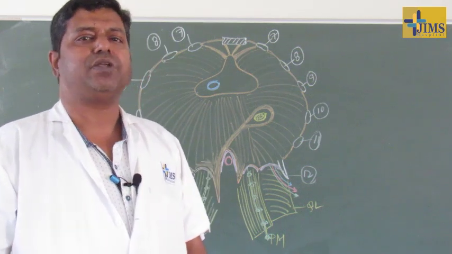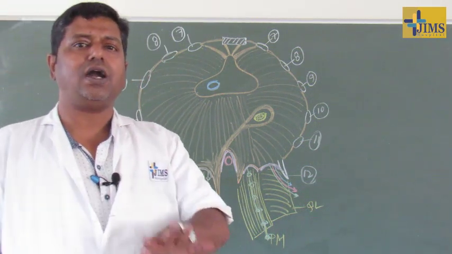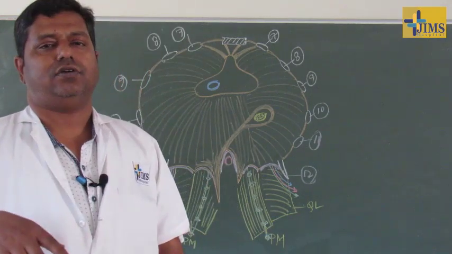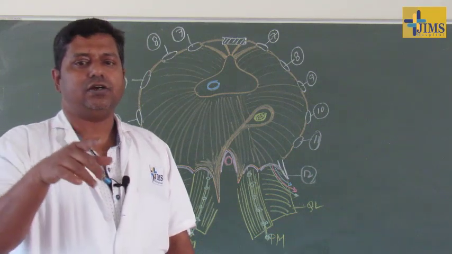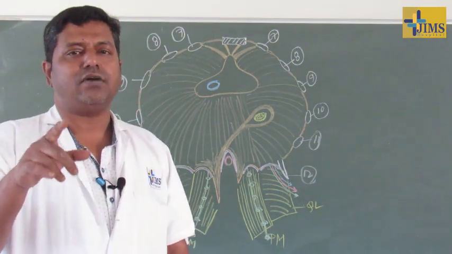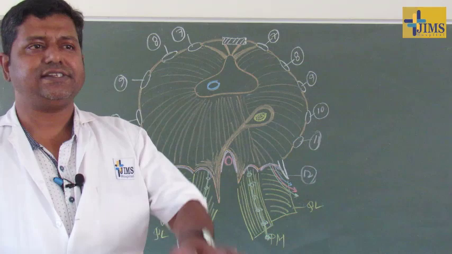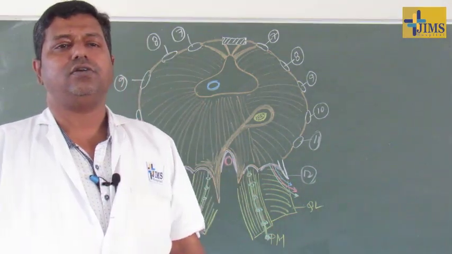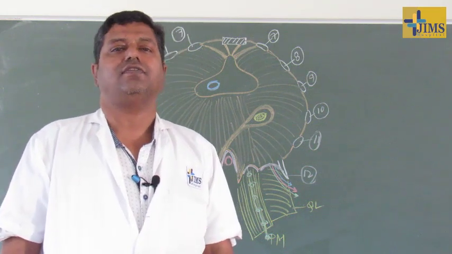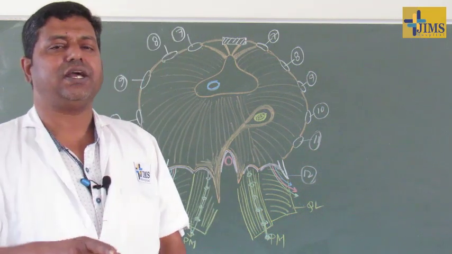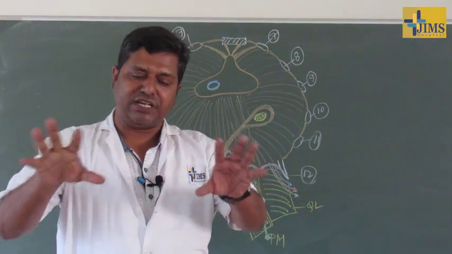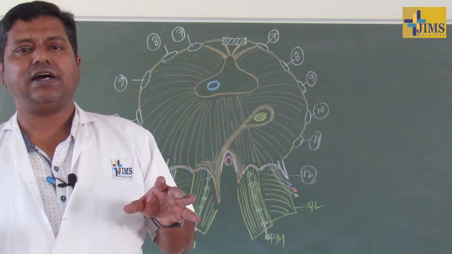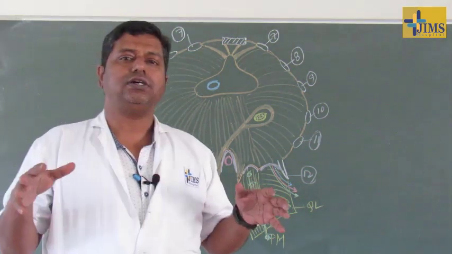What about the sensory supply of the diaphragm? The sensory supply to the central part of the diaphragm comes from the phrenic nerve, whereas the peripheral part is supplied by the lower 5 intercostal nerves.